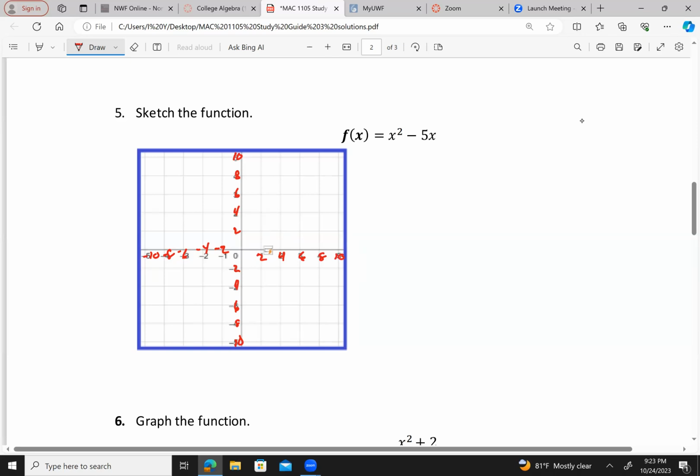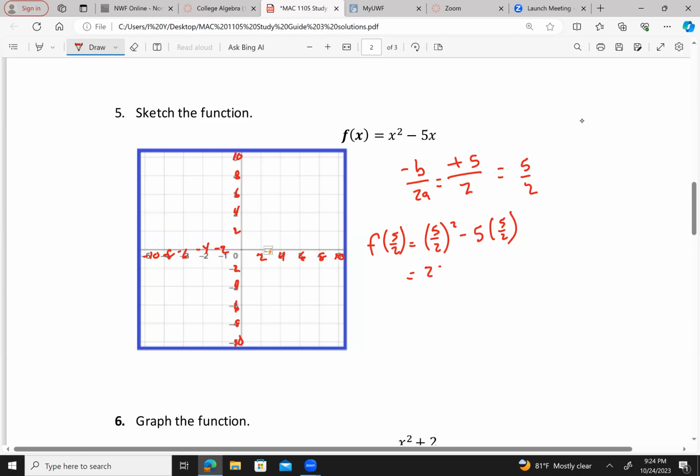So we have a parabola. Negative b over 2a: b is -5, so the negative of -5 is 5 over 2. The x coordinate is 5/2. Then f of 5/2 equals 5/2 squared minus 5 times 5/2.